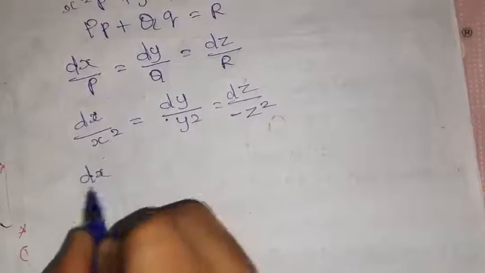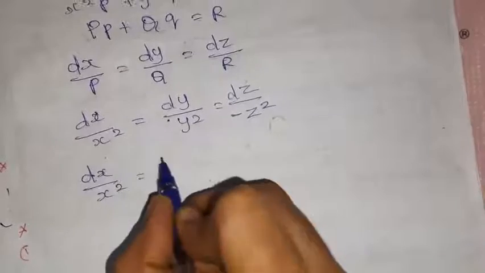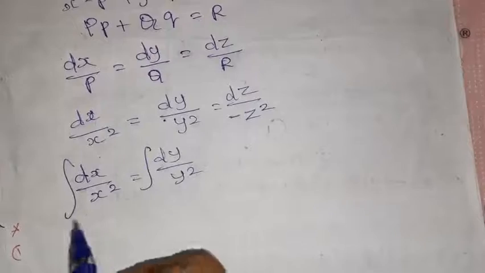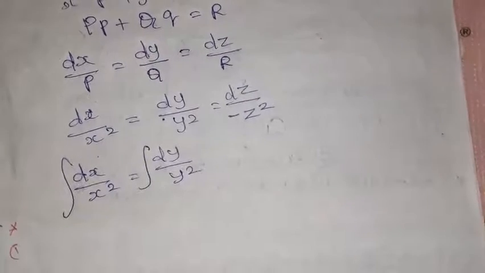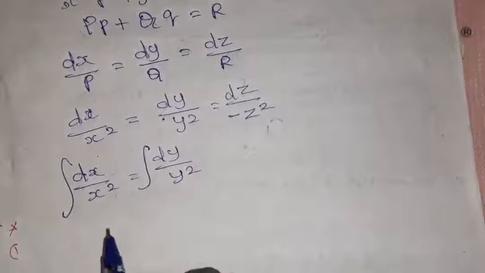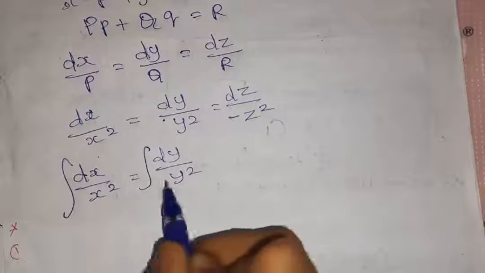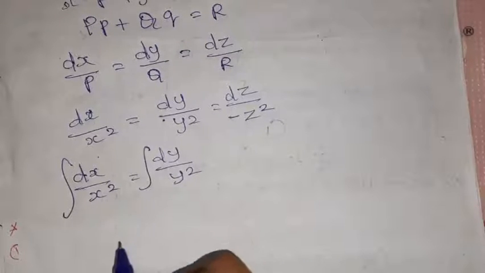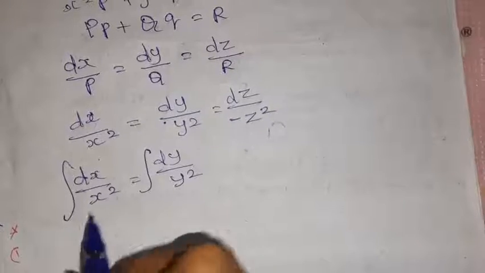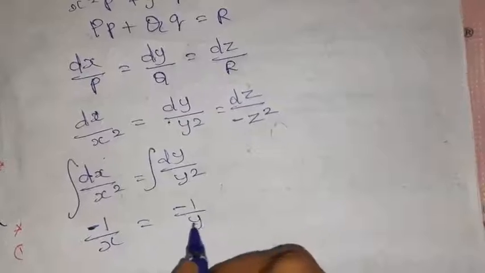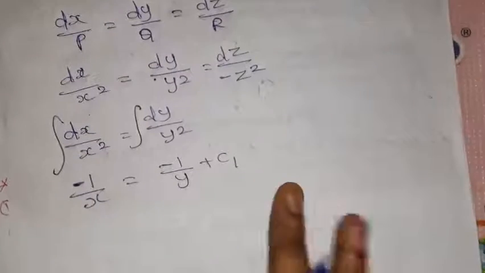Comparing first and second ratio, dx by x squared equal to dy by y squared. On integrating both, this is of the x power n format. Integral of x power n dx is x power n plus 1 divided by n plus 1. So x power minus 2 plus 1, x power minus 1 divided by minus 1, so we can write it as minus 1 by x. Similarly, minus 1 by y plus some constant c1.